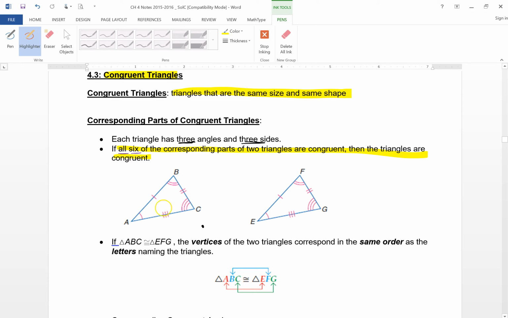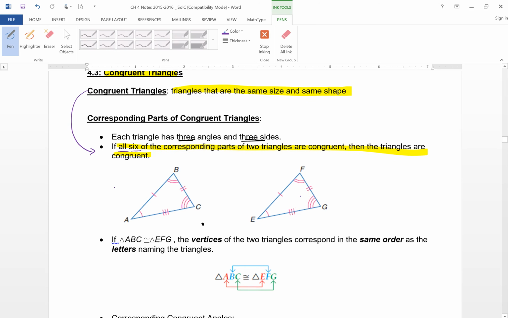All 3 sides of this one have to be congruent to all 3 sides of this one. Only then do we know that the triangles are congruent. Okay? So that's what it means. That's pretty much the definition of congruent triangles. Congruent triangles are when all 6 parts of one are congruent to all 6 parts of the other.